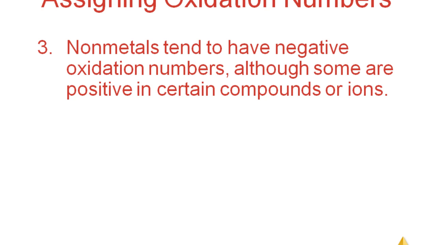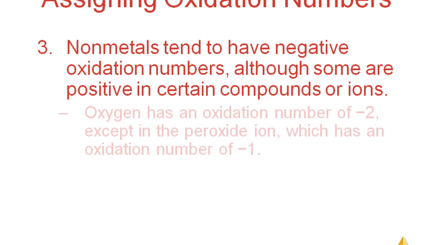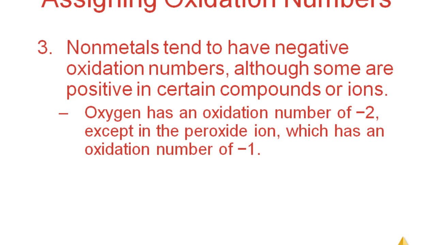Non-metals usually have negative oxidation numbers, although some of them are positive in some cases. Now for oxygen, most of the time oxygen is -2, just like oxygen is 2- when it is an ion, right? So most of the time it is -2, but in peroxide, which is O2 2-, oxygen's oxidation number is -1.